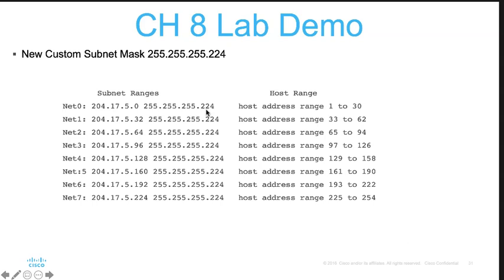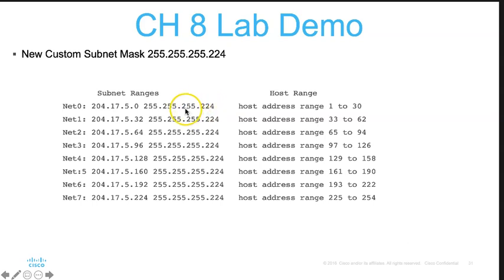Remember that in a custom subnet mask, all the bits are always on, or always 1. So how many bits did we borrow? We borrowed 3 bits. If you turn all those 3 bits on, you're going to get 128 plus 64 plus 32, which is 224.